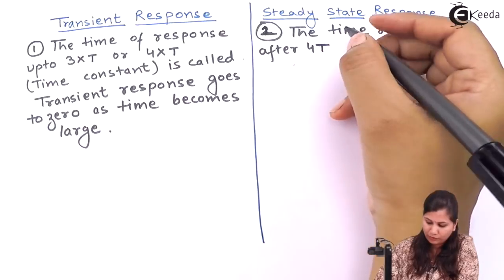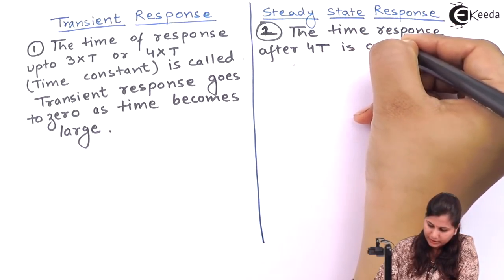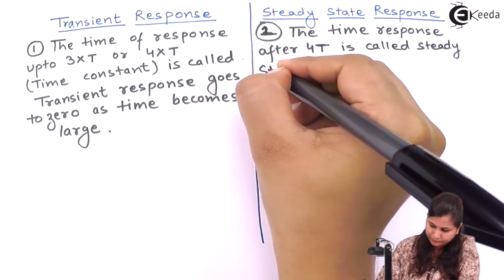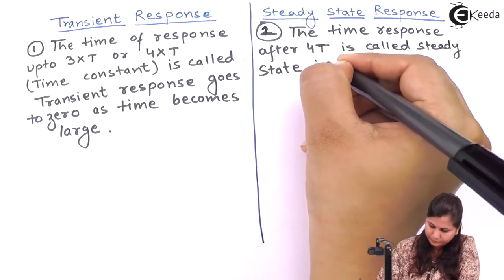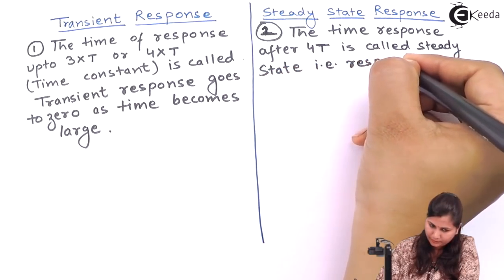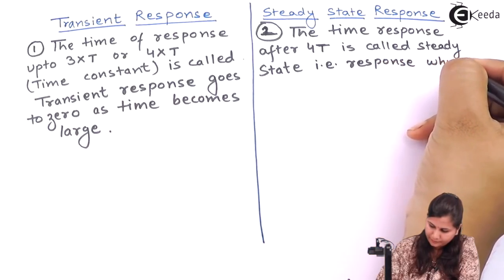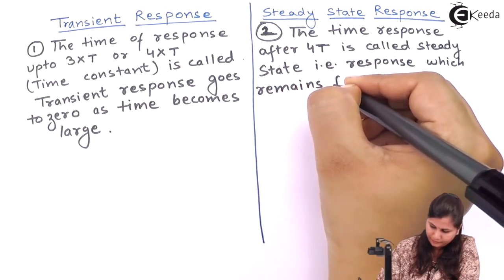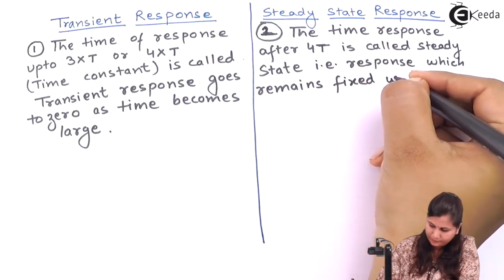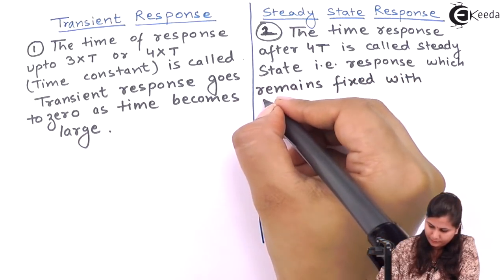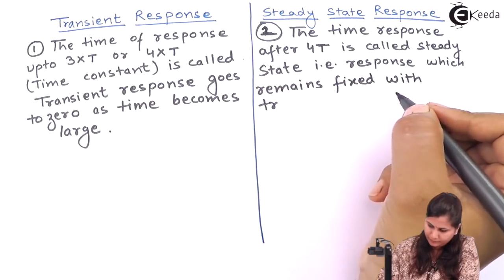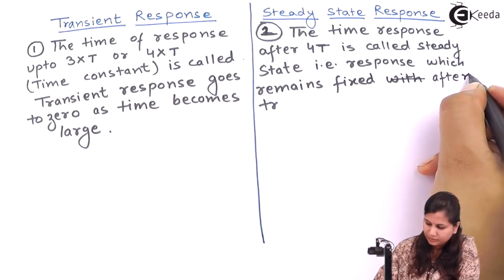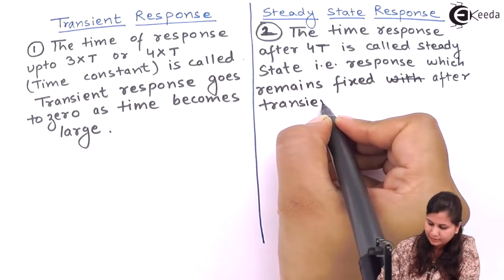T is here also the time constant, so it is called the steady state, that is, it is the response which remains fixed after the transient time has ended.